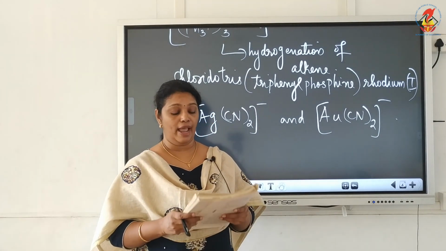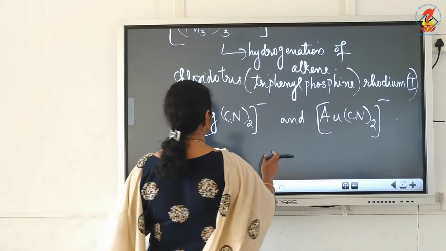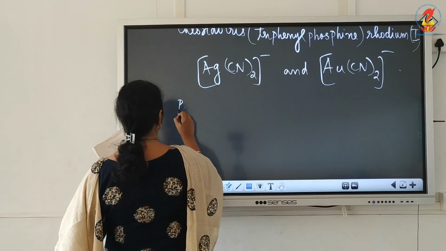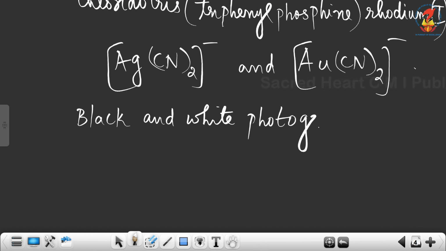Now, the third application is in black and white photography. So, the second application is in electroplating, third is in black and white photography. Now, let us see what is the application of coordination compounds in black and white photography.